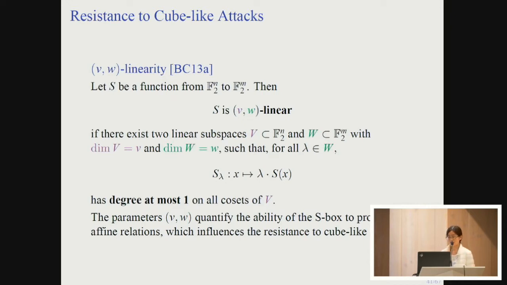An S-box is VW linear if there exist two linear subspaces, the input subspace V and the output subspace W, of dimensions v and w, such that all components of the S-box in this output subspace W are affine on all cosets of the input subspace.